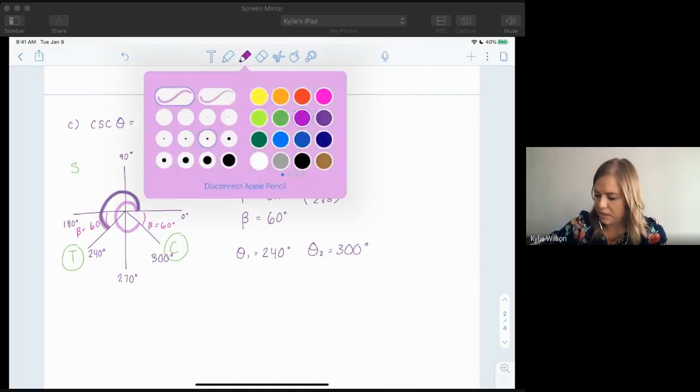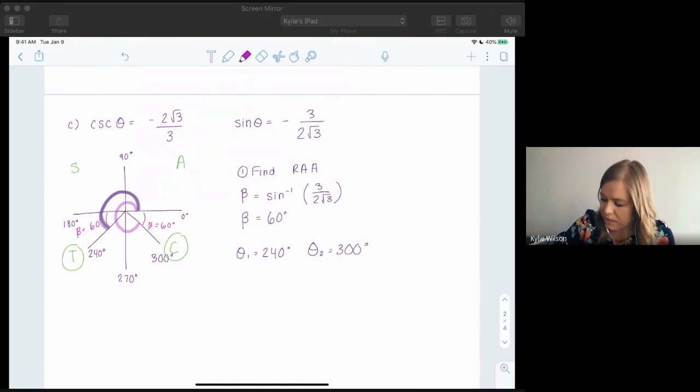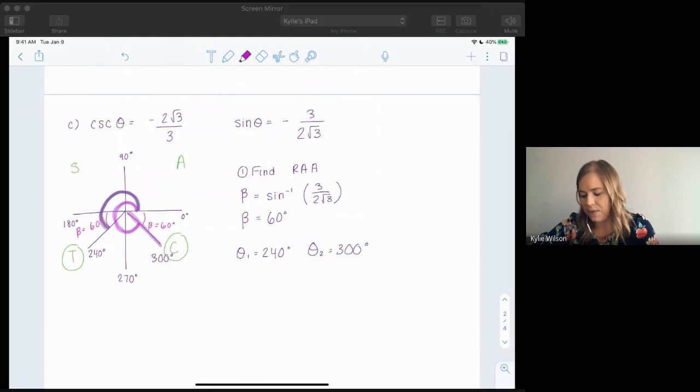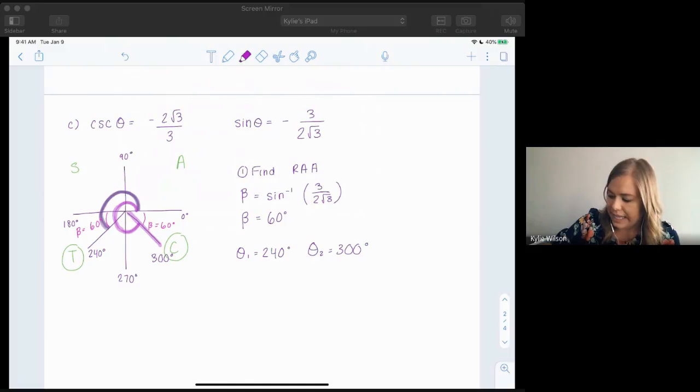Similarly, for my other one, I go from 0, past 90, past 180, past 270, all the way to here. Now I know that that angle is 60, this is 360, and I go back 60. So I end up with 300. So that's where those numbers came from. It helps to have it on the graph and kind of visualize it a little bit like that.